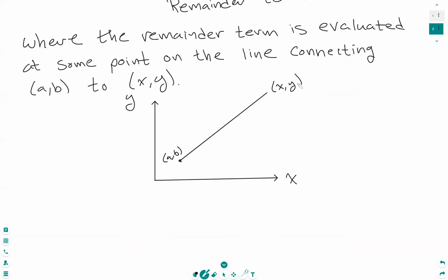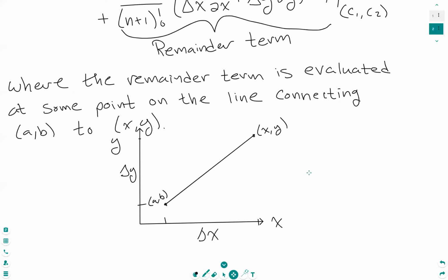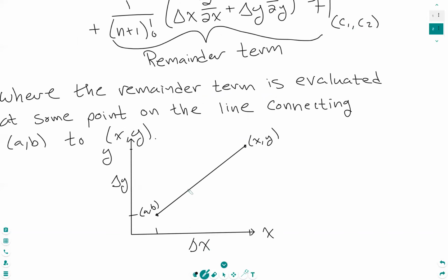Well, here, this distance on the x-axis is delta x, and this distance on the y-axis, should have drawn this a little bit higher, right there, that's delta y. And the point that we're evaluating this remainder term is, at C1, C2, is just somewhere on that line.